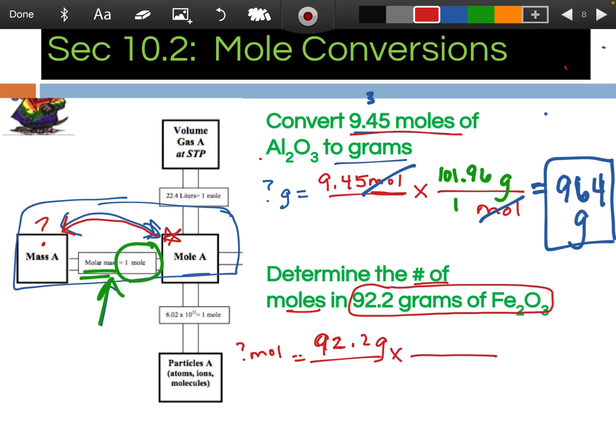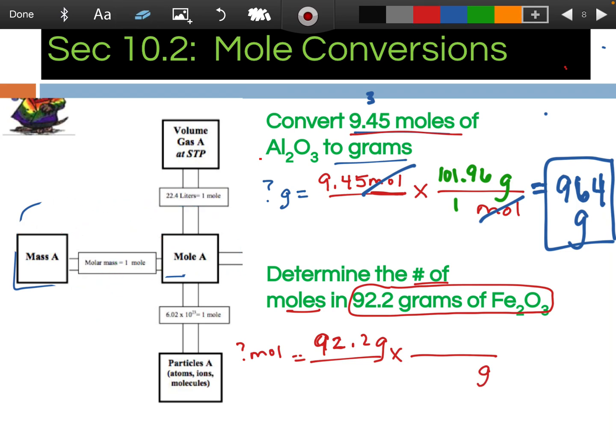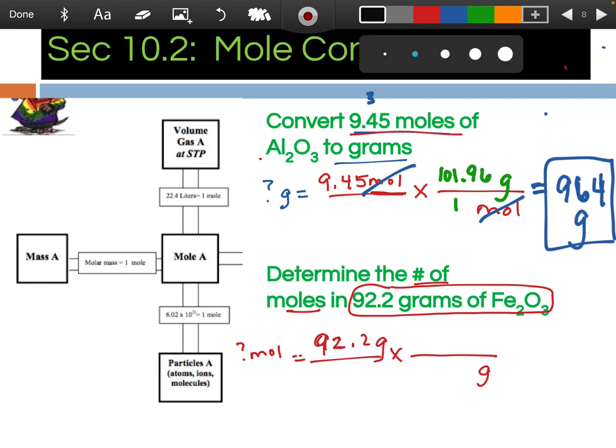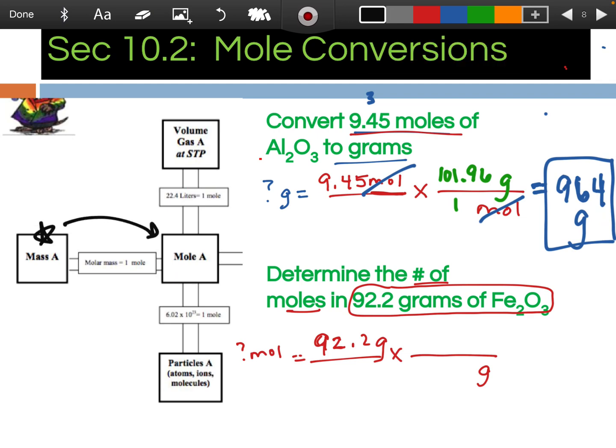Whatever unit I start with gets transferred to the bottom of the next step. I'm going to erase this so we can make new markings. So we are going from grams to moles. So this is the conversion factor that I'm going to use. Molar mass is grams, so that's going to go on the bottom.